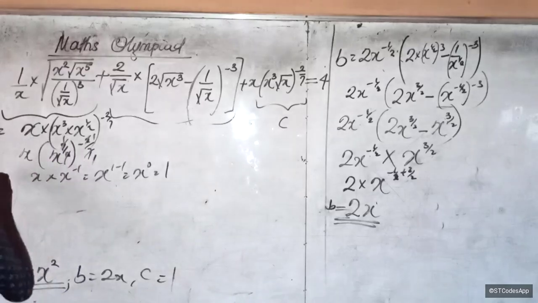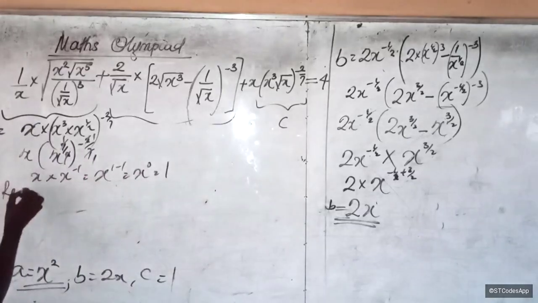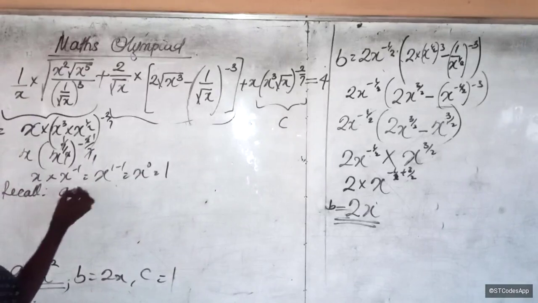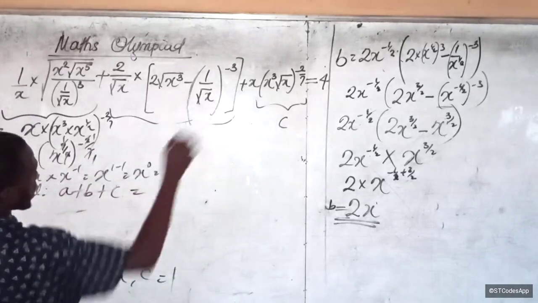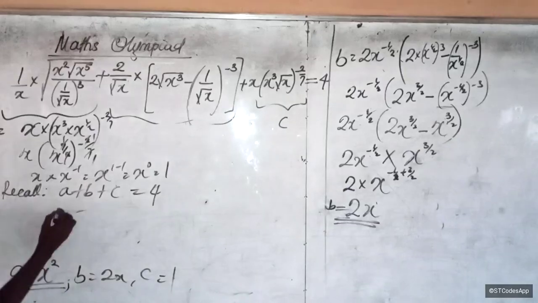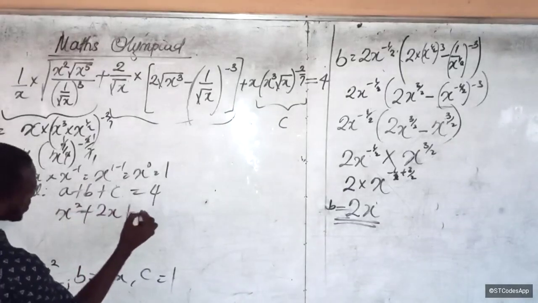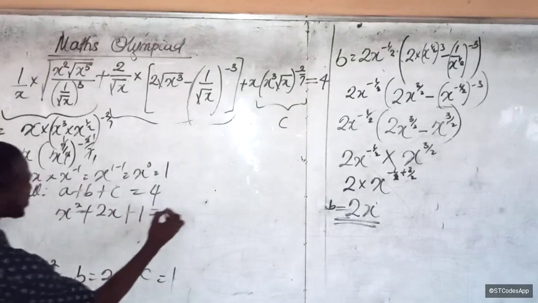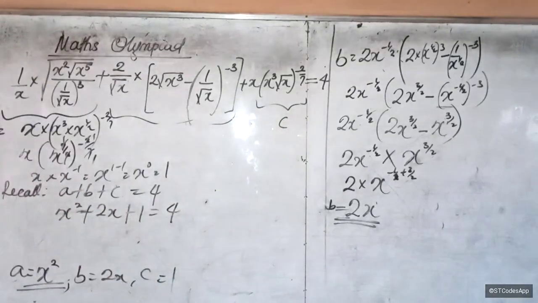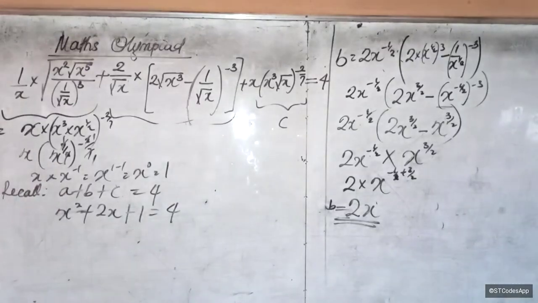So we are going to now recall that we said a plus b plus c should give us 4. Now our a is x squared, plus b which is 2x, plus c which is 1, is now equal to 4. So this has become a quadratic expression. So I'm going to clean this and solve it down here.